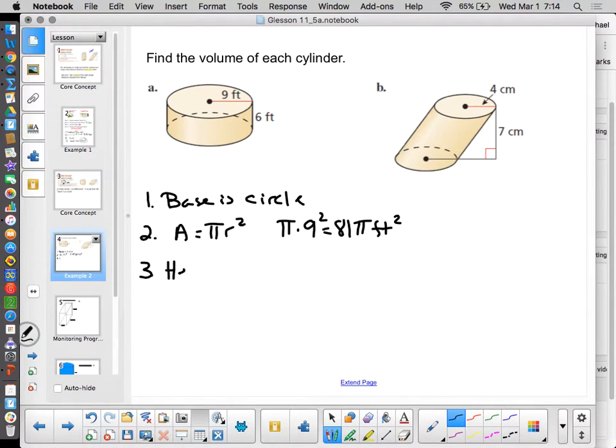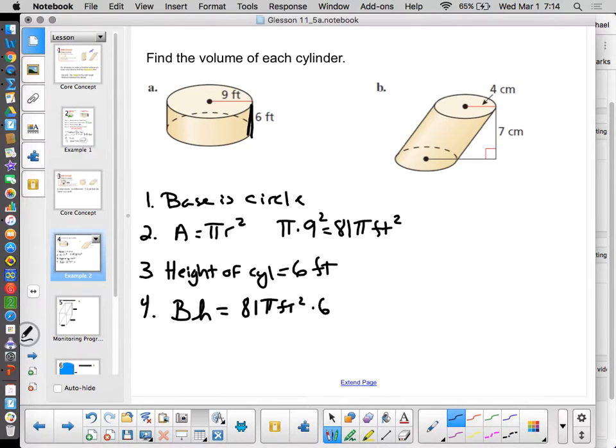3, find the height of the cylinder this time. And that's the distance between the bases, right there, 6 feet. And 4, we take base area, capital B, times height. That's 81 pi feet squared times 6 feet is going to give me feet cubed, obviously.